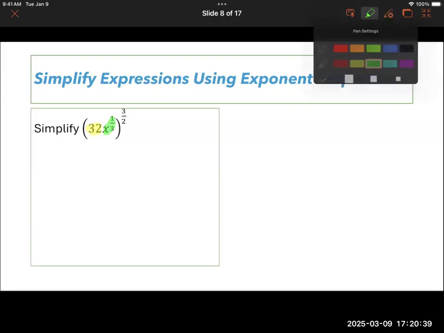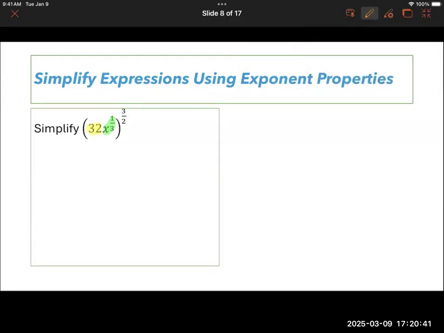And our property says that I can take this 3/2 and I take each factor to that power. So I would have a 32 to the 3/2, and I would have x cubed to the 3/2.